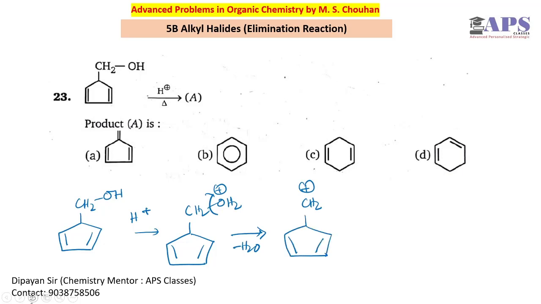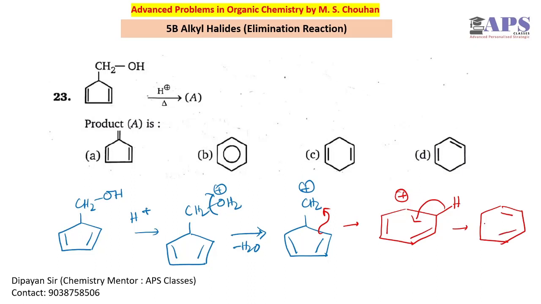Now any of the bonds can migrate and we will end up with this kind of situation, where to regenerate the aromaticity, the CH bond breaks and the final product will be this. So B is our final product.